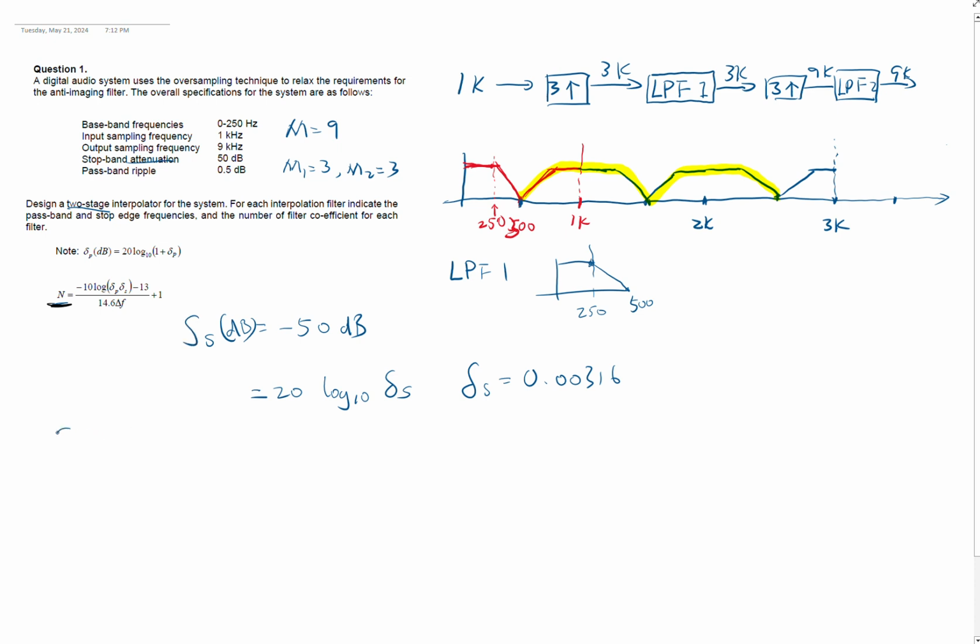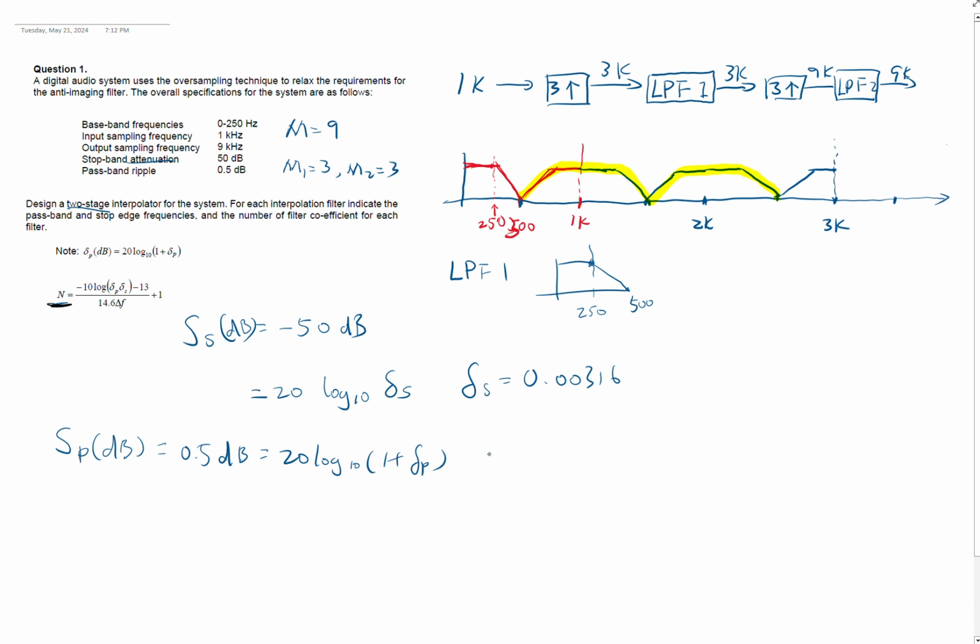Then we have delta p in dB form, which is 0.5 dB equals 20 log to the base of 10, 1 plus delta p.